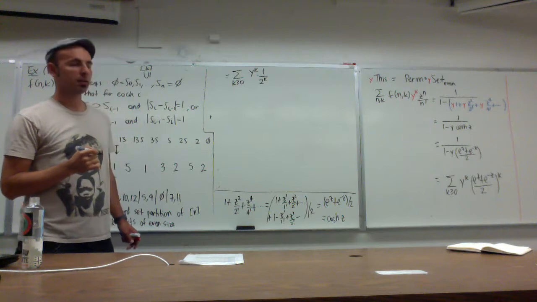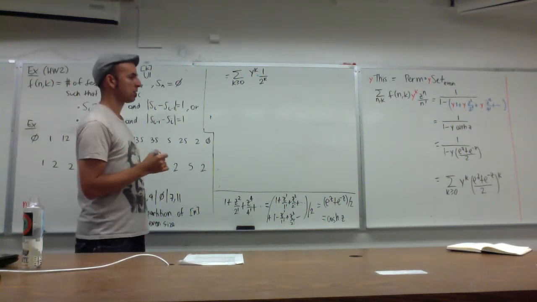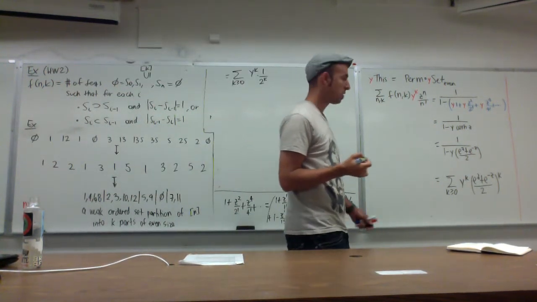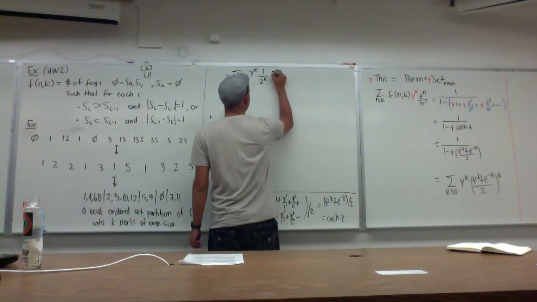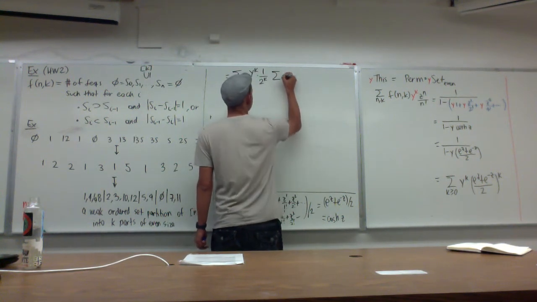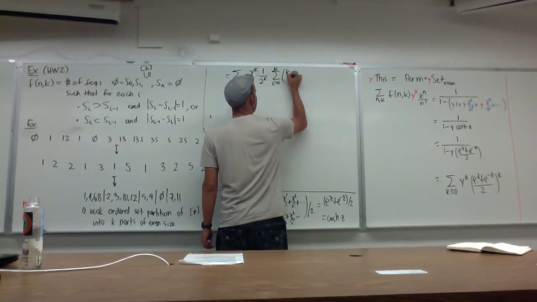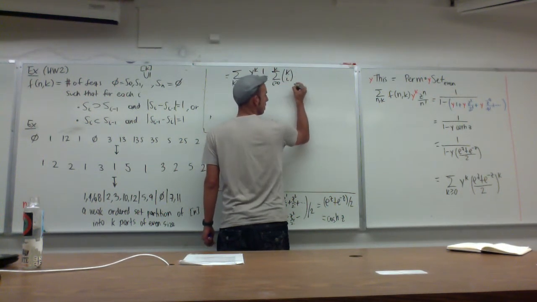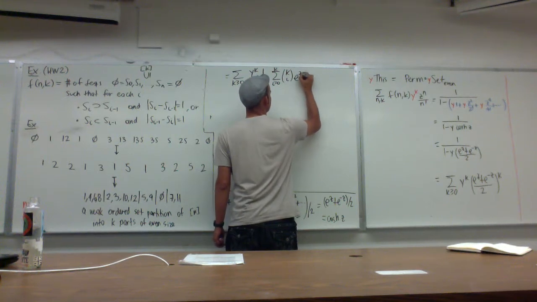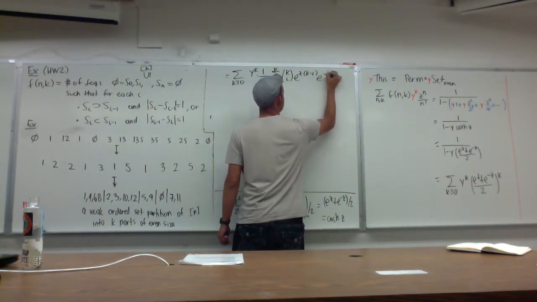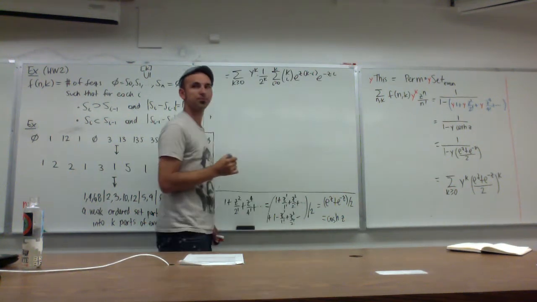And then we'll use the binomial theorem, something plus something to the k. So that's equal to a sum from i equals 0 to k of k choose i, the first thing to the k minus i, and the second thing to the i. Right?